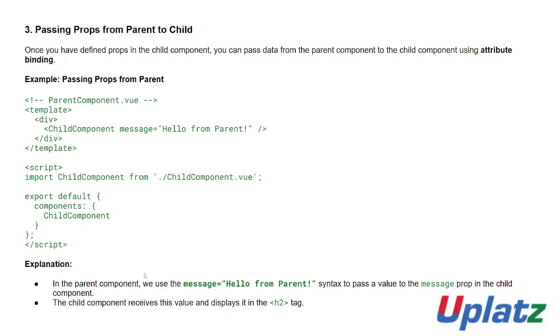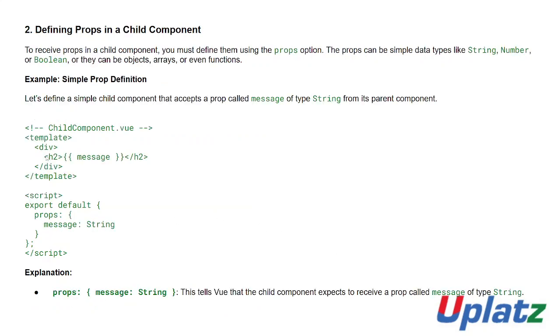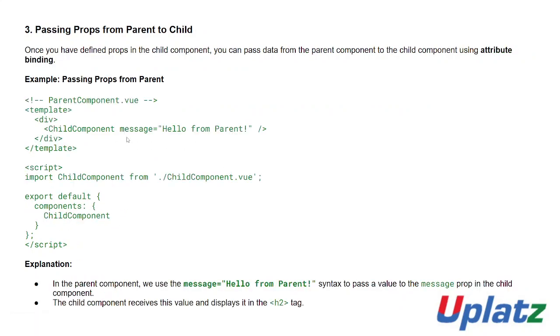What does it say? In the parent component, we use the message is equal to hello from parent syntax to pass a value to the message prop in the child component. Please see the previous example. Here is the message, and this message is sent like this.